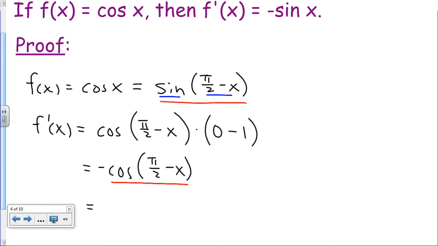So this is equal to the opposite of the sine of x then. And that is what we're trying to prove. So with the use of that cofunction property, and then using the derivative of sine that we've already proven, we can actually prove what the derivative of cosine is equal to. And we'll do this many times there. We'll use a previously proven theorem to help us prove a new theorem or find a new property.